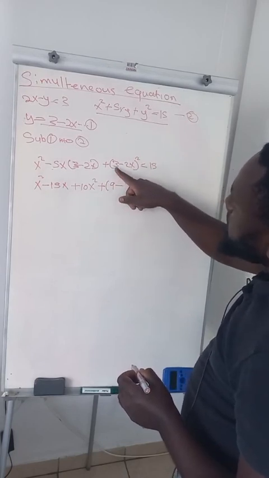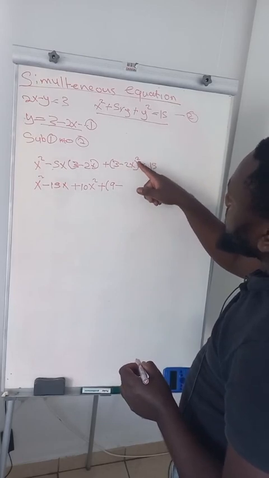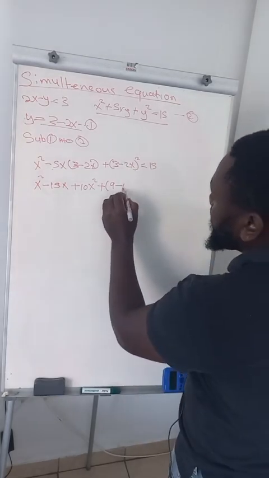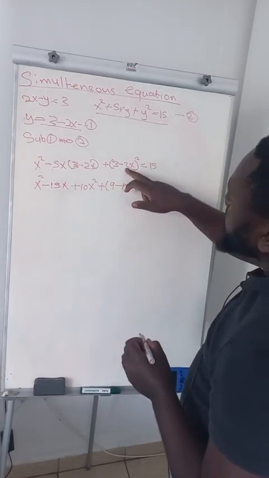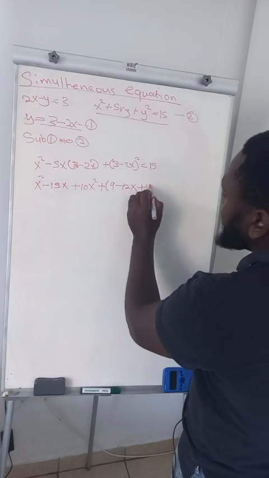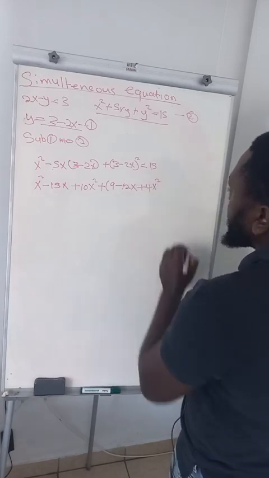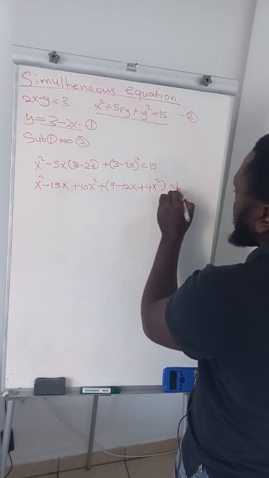Then say 3 multiplied by 2, you get a 6. 6 multiplied by 2, it means you get a 12 here, negative 12x. And then here you're going to get negative 2 squared. It means it will give you positive 4x squared. And then you close the bracket and still equate to 15.